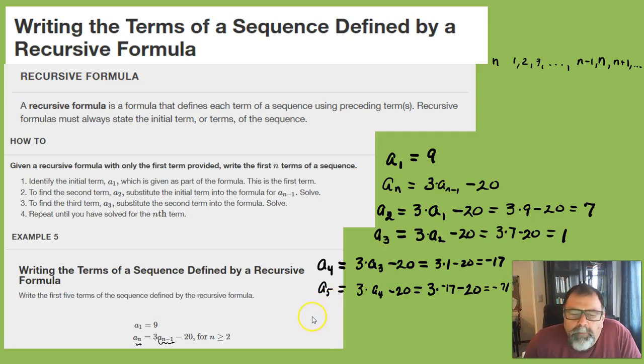Okay, so the first 5 terms of that sequence are 9, 7, 1, negative 17, negative 71. I don't know why, it just didn't feel right. Okay, hopefully that's right. And checking the book, 9, 7, 1, negative 17, negative 71. Yep, that's right. Okay. Let's go to the next problem.